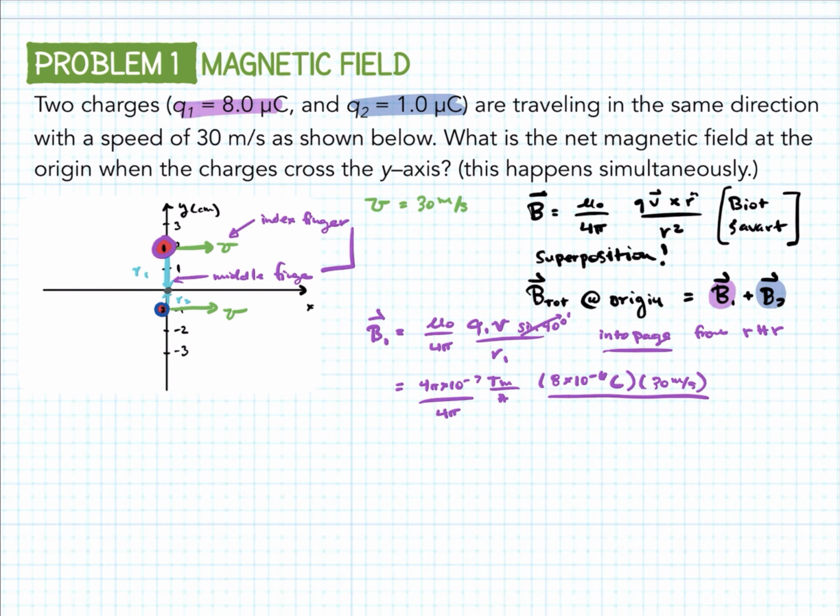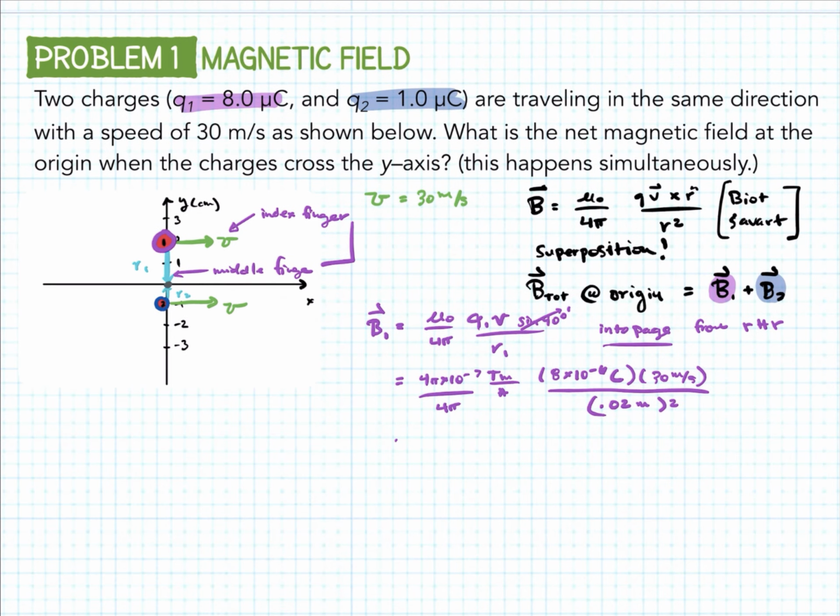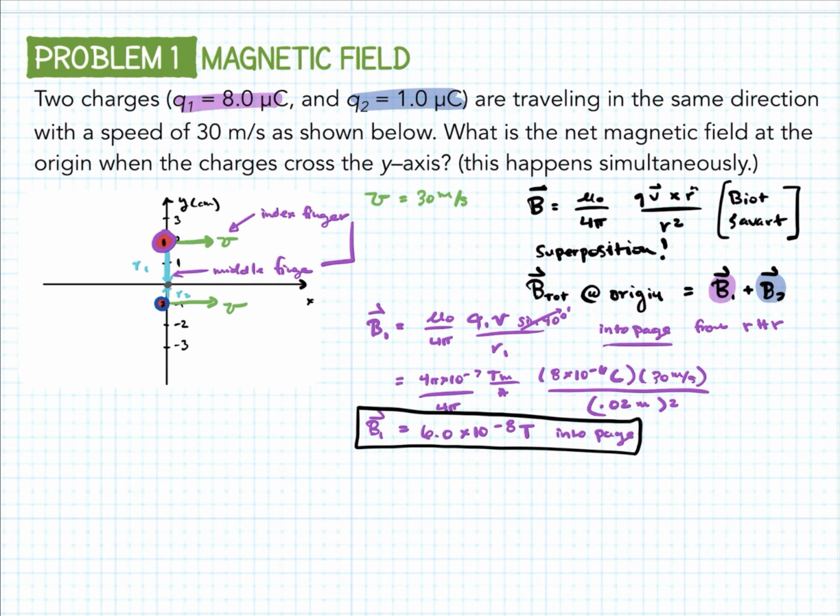R squared is going to be 0.02 meters squared. So we put all that into our calculator, and we end up with 6.0 times 10 to the negative 8 Tesla into the page. So that's B1.